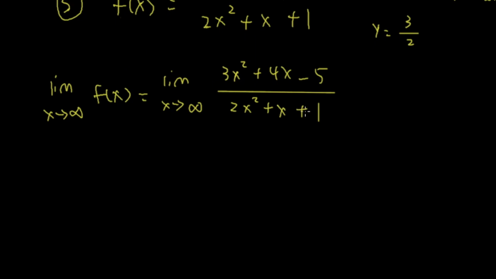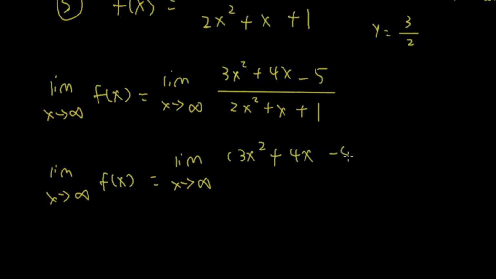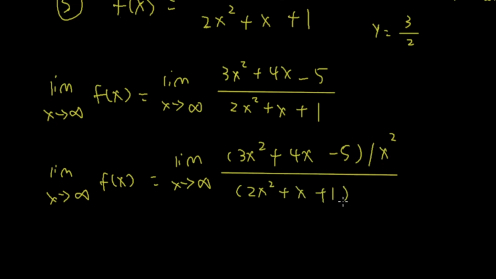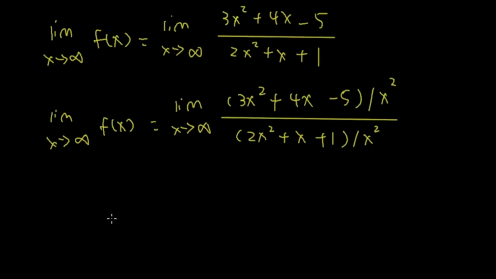What we have to do is divide the top and the bottom by x squared to get rid of the x squared here. 3x squared plus 4x minus 5 divided by x squared. Now all divided by this 2x squared plus x plus 1 all divided by x squared. Right? I have not changed the fraction here. Now, what is that equal to?